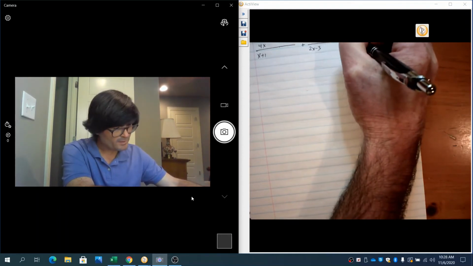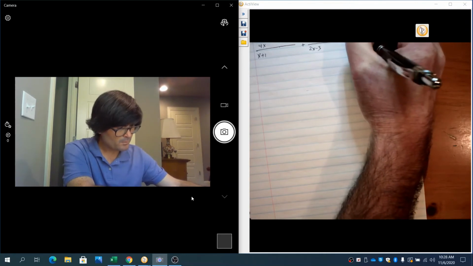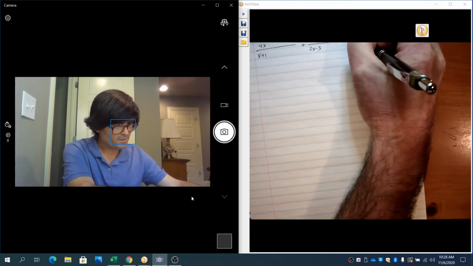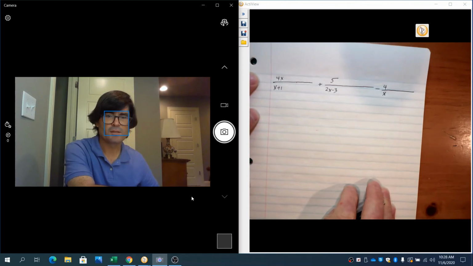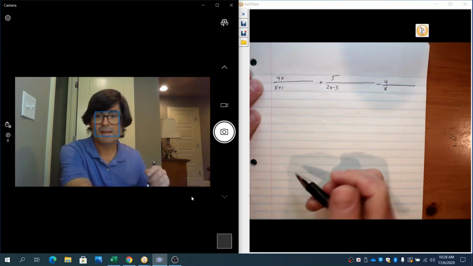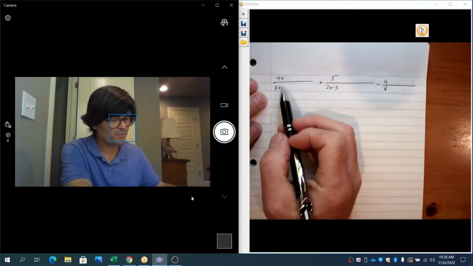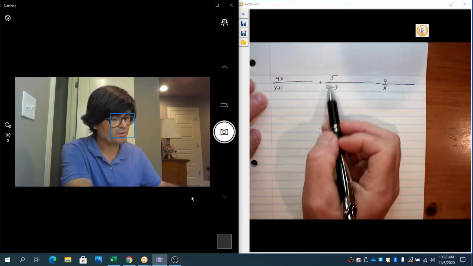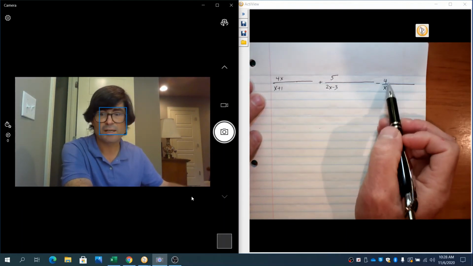Then we'll do minus 4 over x. Notice I'm leaving plenty of room here to add in the pieces I need.